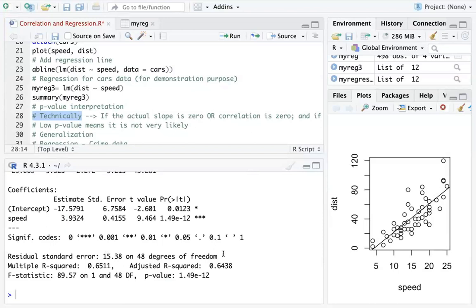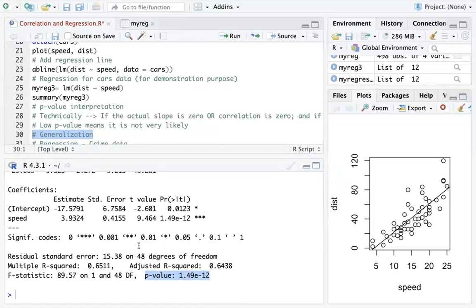So that probability, as you can see, is very, very small. P stands for probability value. Therefore, we would say that we have high confidence that these results are sound. It also means generalizability, which means we can generalize these results to the broader population.